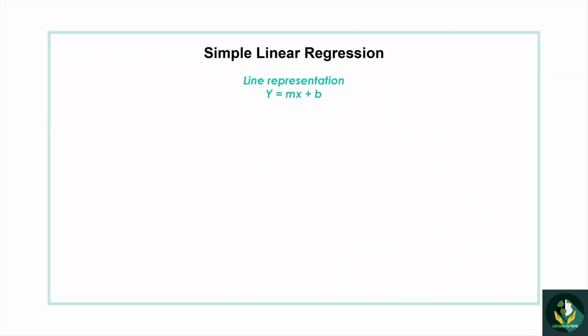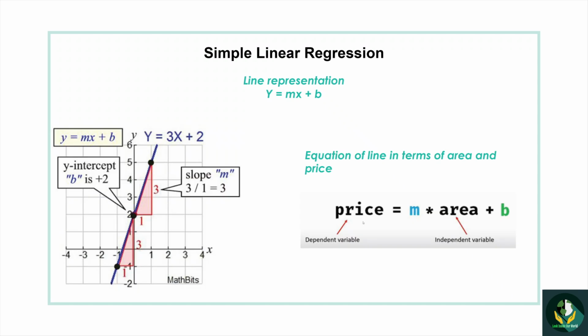I assume you are already familiar with the line equation. y is equal to m times x plus b, where y is the dependent variable of the independent variable x. m is the slope of the line and b is the y-intercept.